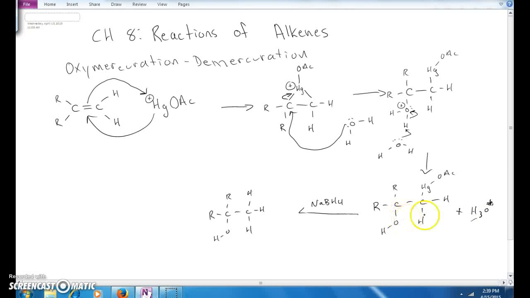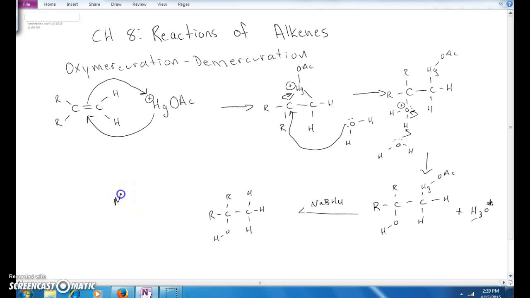The last step is going to remove the mercury fragment and produce a hydrogen using sodium borohydride. This step, just know the reagent and that it removes the mercury acetate fragment. The mechanism you'll actually worry about in second semester chemistry.